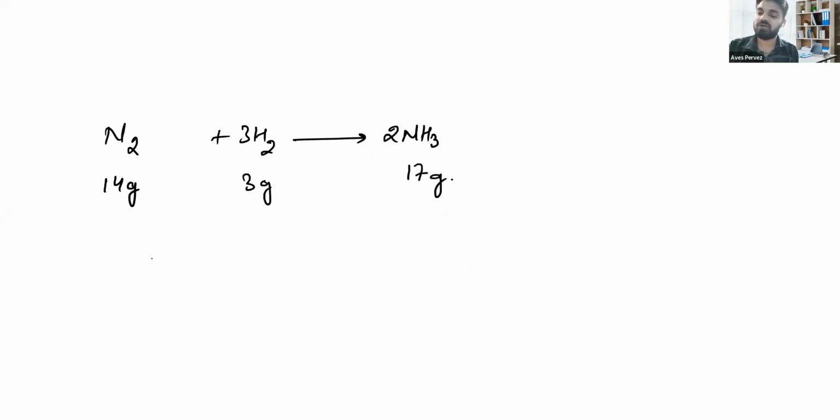So if I'm having 4.5 grams of hydrogen, the type of question we ask is how many grams of this one and this one will be required, this one formed and this one required, if you have only 4.5 grams of hydrogen gas. 4.5 can be written as 9 by 2.